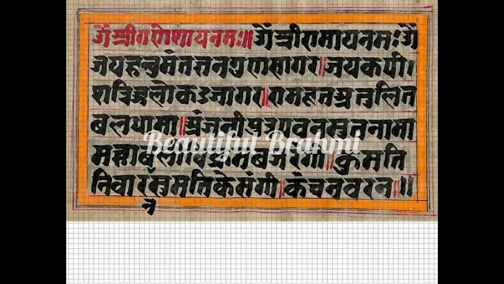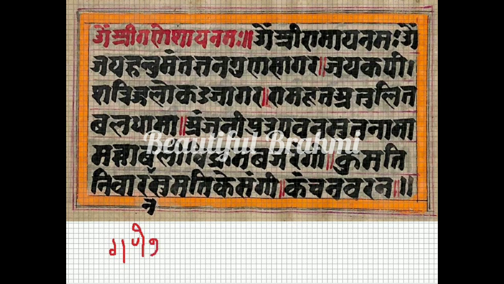Now, a characteristic difference between Devanagari and its parent script Nagari is the presence of the Shirorekha in Devanagari. So if I were to write Ganesha, I would write something like this: Ga, then Na with an Ekara which makes it Ne, and Sha.